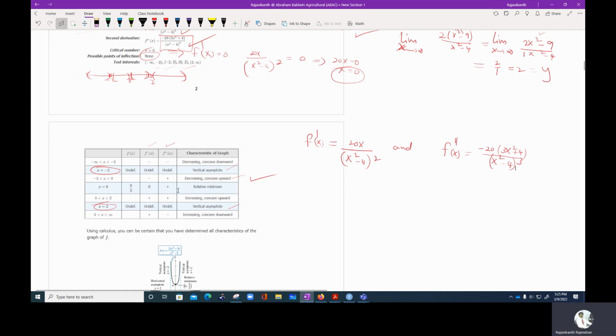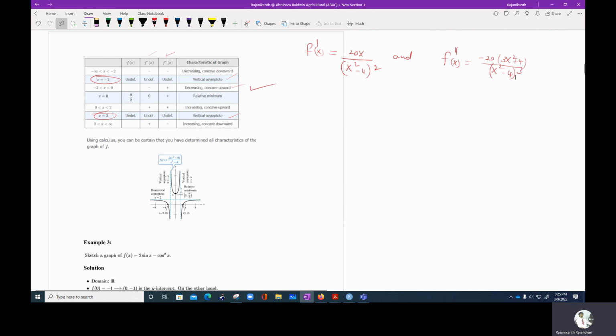After getting the table, we simply draw a graph. This is the graph you will get. Remember now, this graph has a lot of discontinuity points. The function is not defined at 2 and negative 2, and you will see one horizontal asymptote here and two vertical asymptotes, and the graph has two x-intercepts and one y-intercept, and so on.